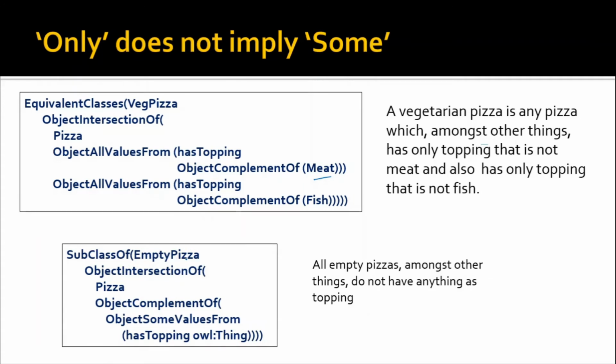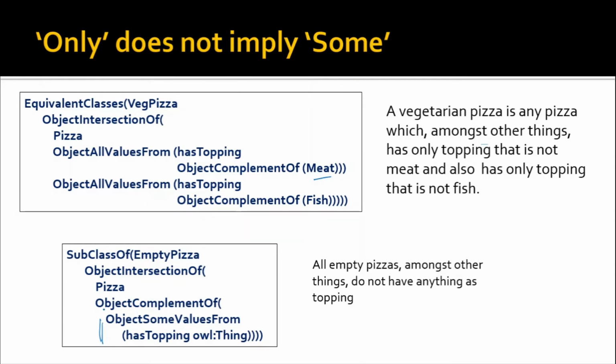Empty pizza is a subclass of pizza, so we can name it as equivalent class. That does not really matter. So empty pizza is an intersection of pizza and object complement of some values from topping thing. So here we are ensuring that something has got a topping to be Thing, and we are taking the complement of this, right?